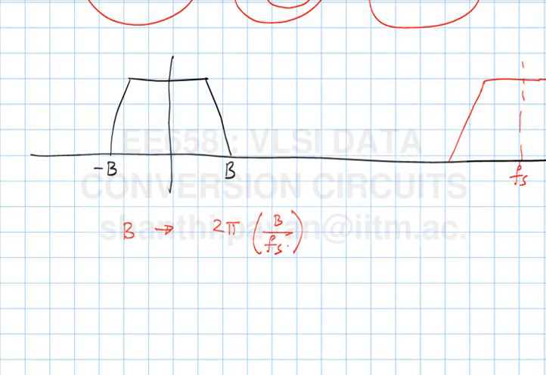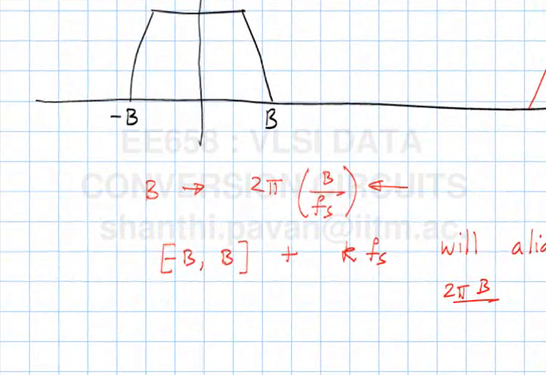But to this frequency will also alias any component that happened to be in the input signal at frequencies that are separated from B by Fs. So anything in the range minus B to plus B is the original signal, and plus K times Fs will all alias back into the same frequency range in the discrete time domain, to 2 pi times B by Fs.